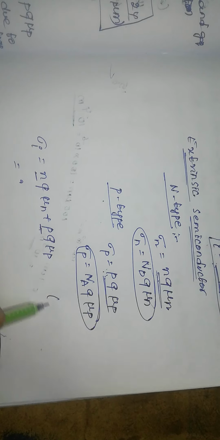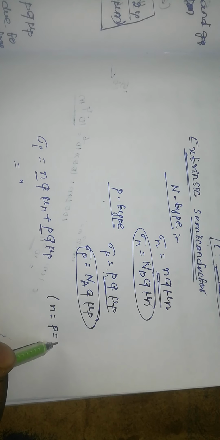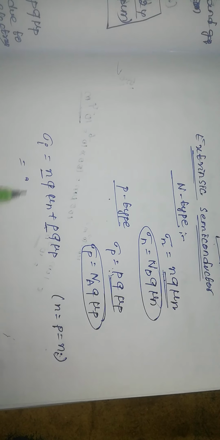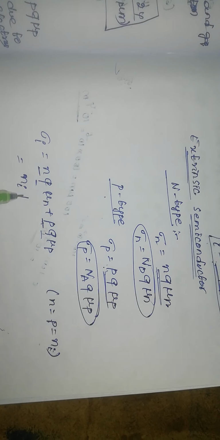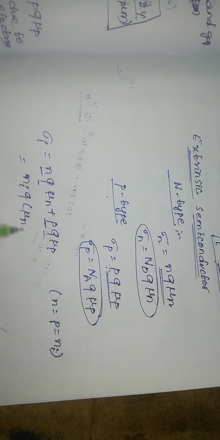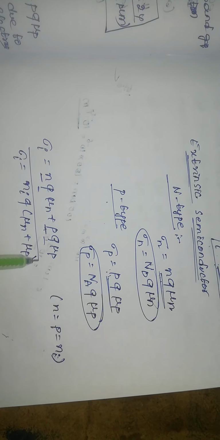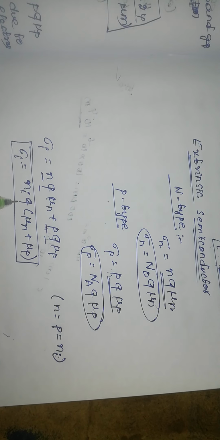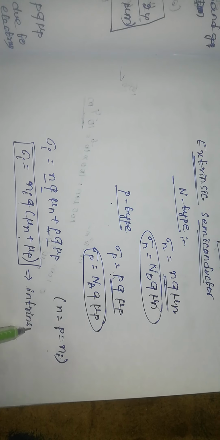We can write n equal to p equal to ni, so sigma i is equal to ni q (mu n plus mu p). This is for an intrinsic semiconductor.